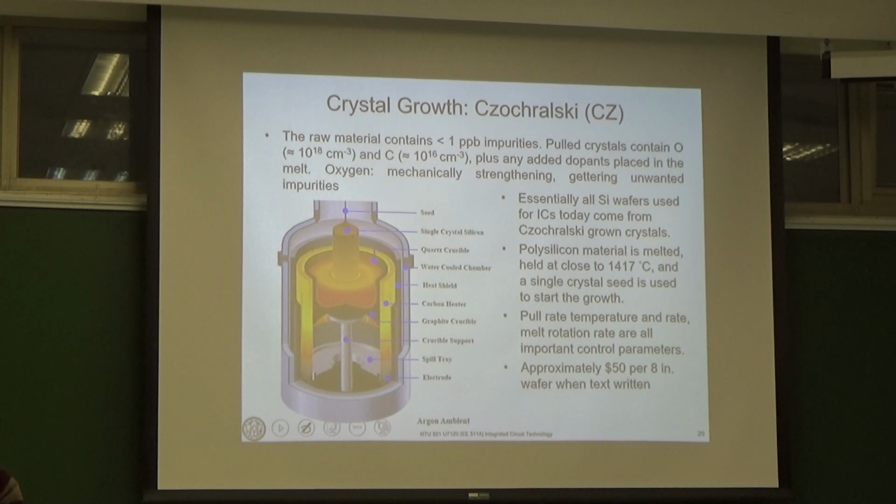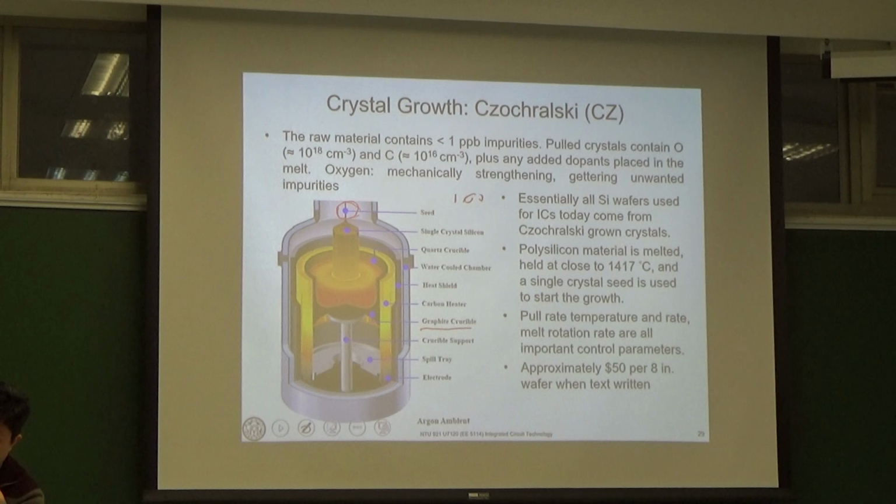So we put those raw materials into this crucible, which is made of graphite, and outside the graphite we have an electrode. We can heat up the temperature, so those polysilicon begin to melt, and then we can put a seed here. If we want the 100 plane, then we put a 100 plane seed.